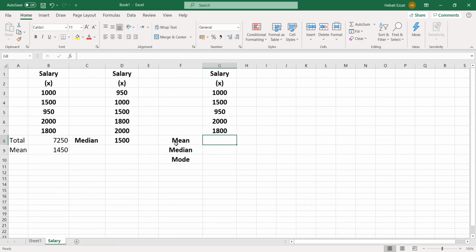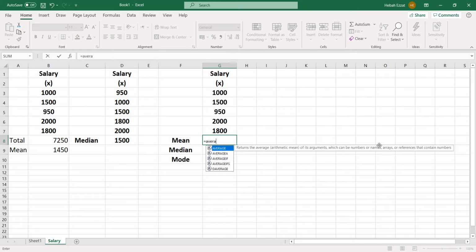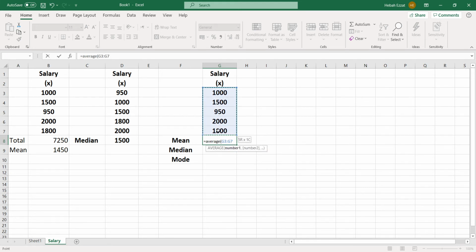So to calculate the mean, I don't have to go through the steps of finding the total, then dividing by the number of observations and so on. All I have to do is write equal average, open bracket, select the set of my data and close the bracket.